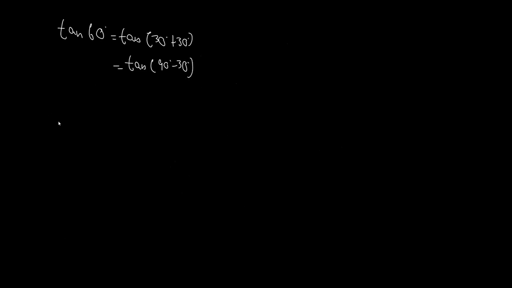How about sine 300 degrees? I could rewrite this as sine of 150 degrees plus 150 degrees. Yeah, could be. So what can we say in these first two examples?